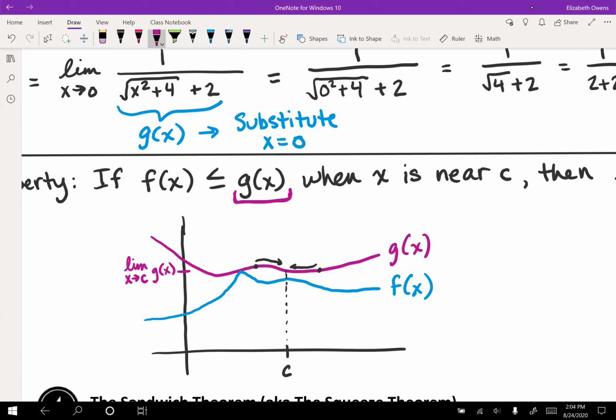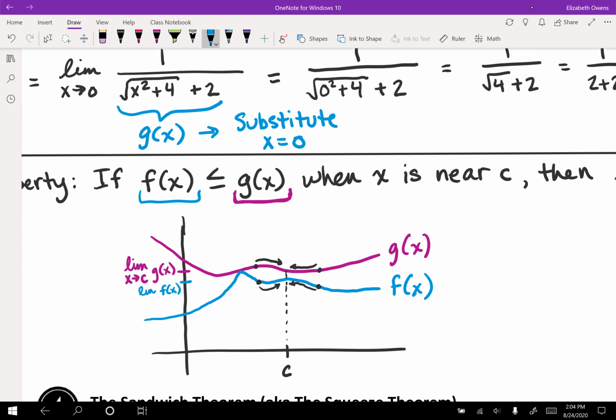Now we would do that same thing for f of x. You would start to either side of x equals c, and you would travel along that f of x function until you see what limit is being approached. Right in here, there's our limit for f of x.